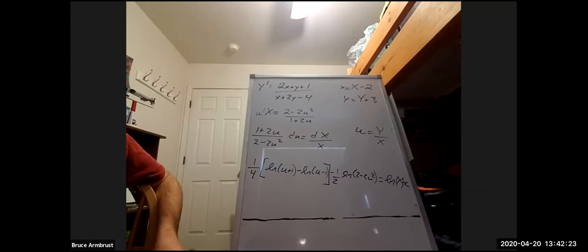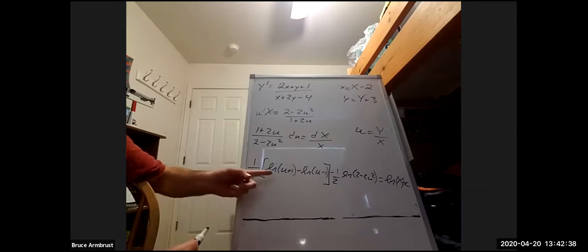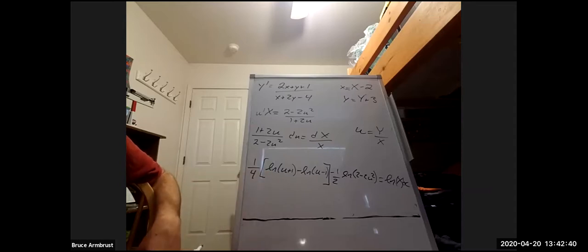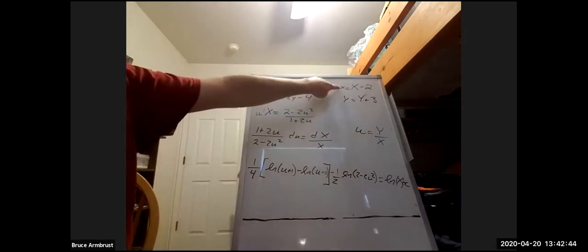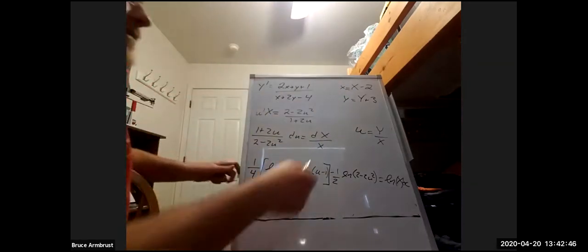And then, of course, there's the matter of plugging back in. This wasn't an initial condition problem, right? So what we're going to have to do is replace in for the u. It's going to be big Y over big X, but we want to get those back to little x's and y's.